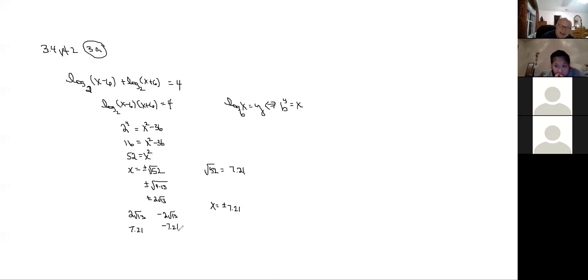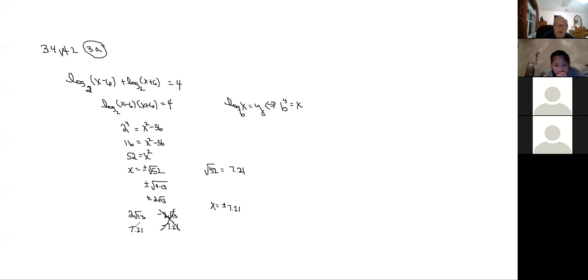I said that you cannot take the log of a negative number. Your x being negative doesn't necessarily mean you're taking the log of a negative number. It is in this case, because if you take negative 7.21 minus 6, that's going to be negative 13.21. And then you end up taking the log base 2 of negative 13.21, and you can't do that. So that one you discard.